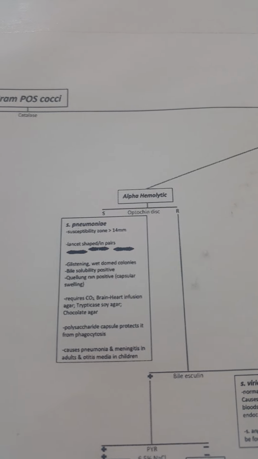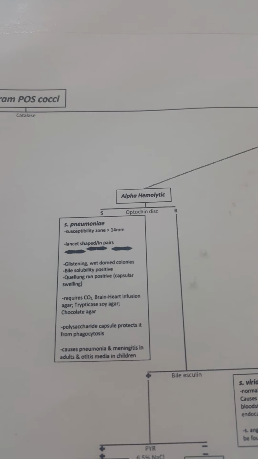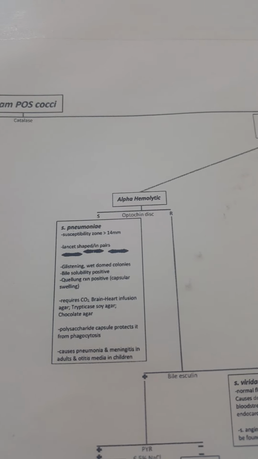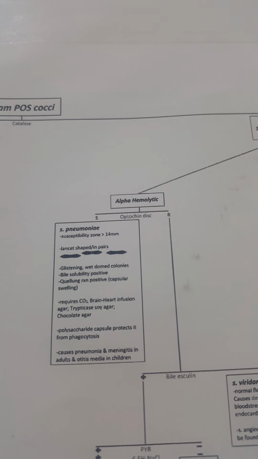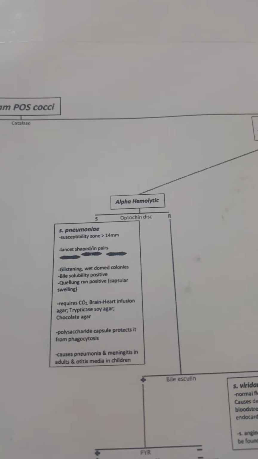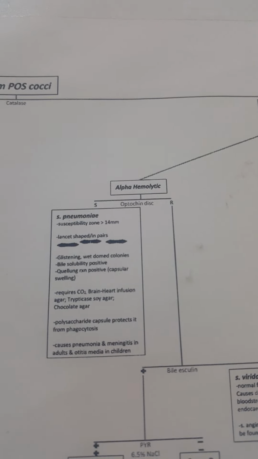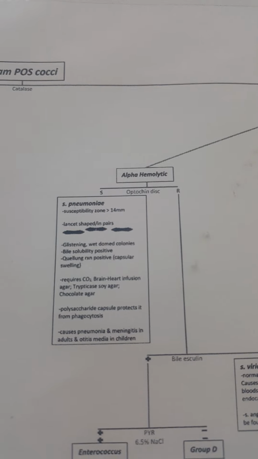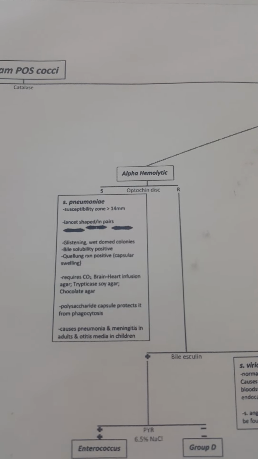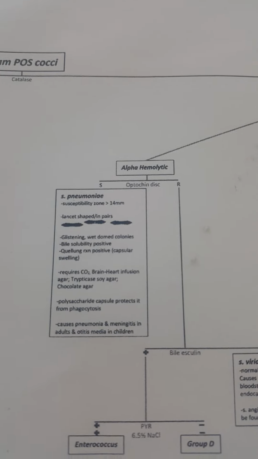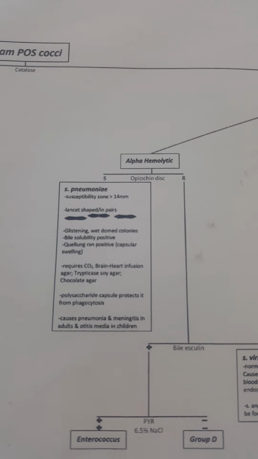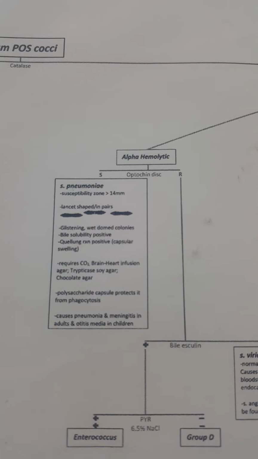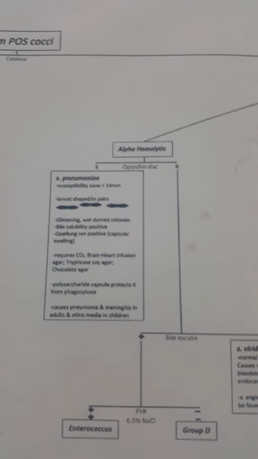This is lancet shaped in pairs, with glistening draftsman colonies, bile solubility positive, Quellung reaction positive, capsule swelling, and requires carbon dioxide, brain heart infusion agar, tryptic soy broth, chocolate agar. The polysaccharide capsule protects from phagocytosis, and it causes pneumonia and meningitis in adults and otitis media in children.